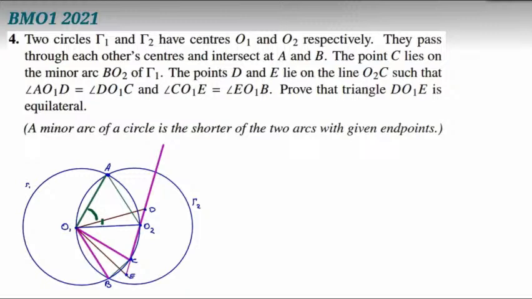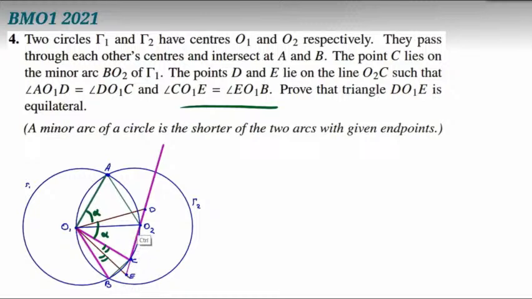equal to DO1C. So it means what? O1D is the angle bisector here. So we can call, for example, this angle alpha, this angle alpha. And then CO1E equal to EO1B here. It means that O1E is the angle bisector of CO1B.